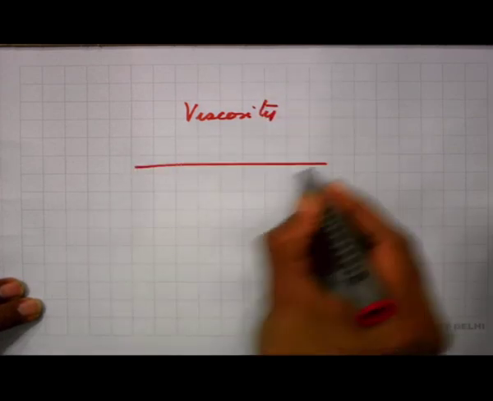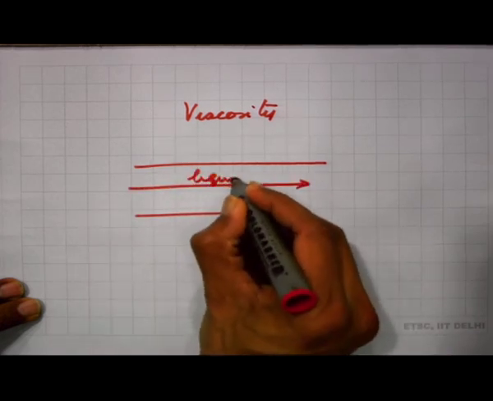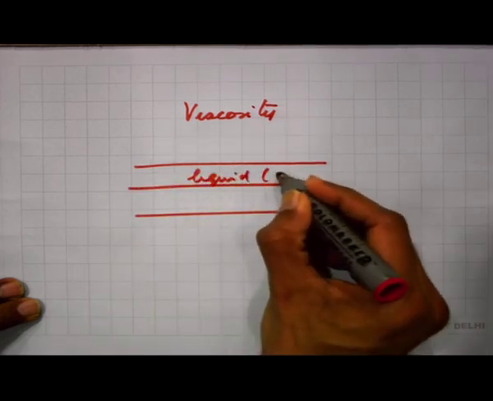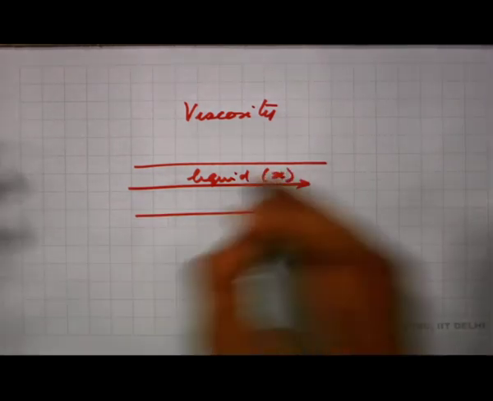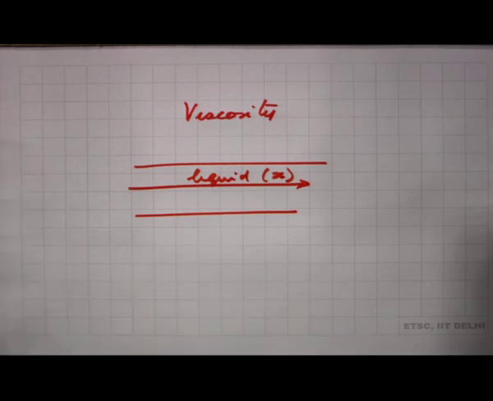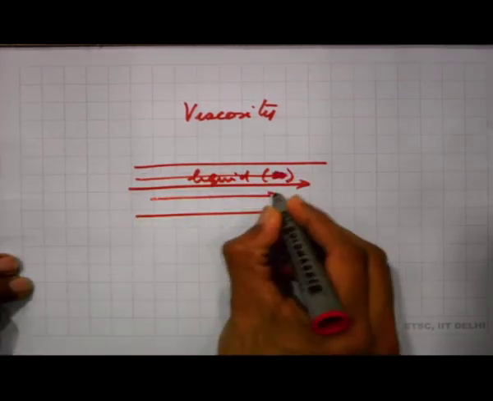You take a tube, for example, through which you flow a liquid, flowing in the x direction, and imagine this is what is called laminar flow. Let us not worry about that. You have liquid flowing in this direction.